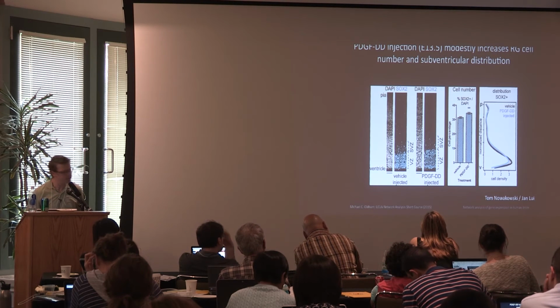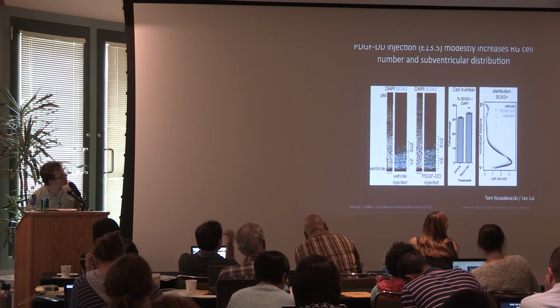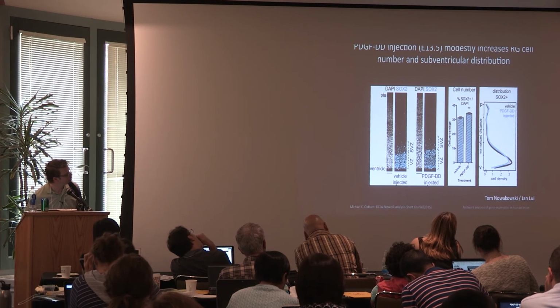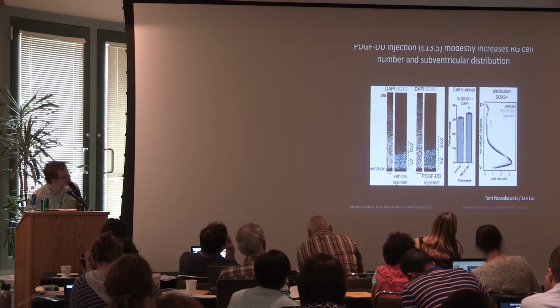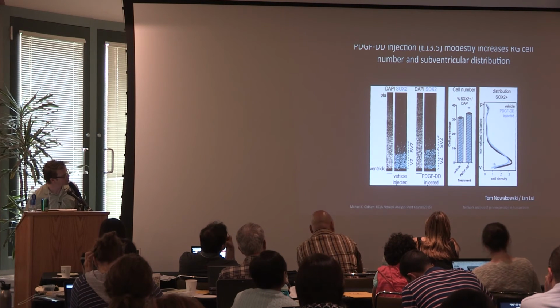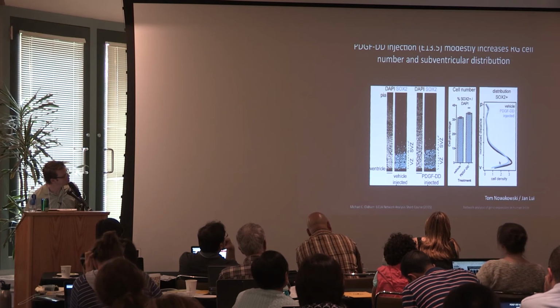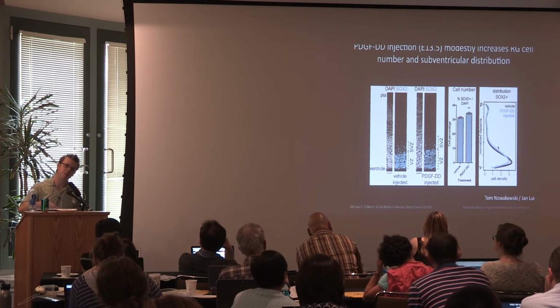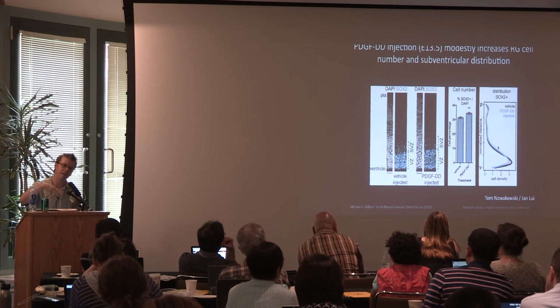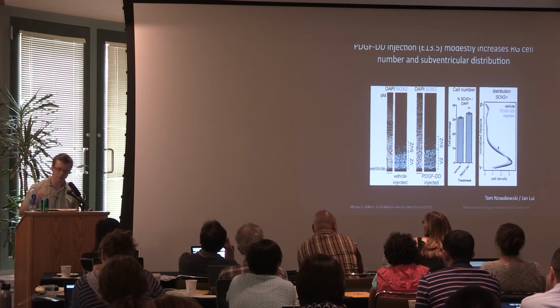We also saw this, which is kind of neat, showing the distribution of radial glia from the ventricular to the pial surface of the developing cortex, and what happens when you inject this growth factor. There's a subtle but reproducible shift away from the ventricles, which is kind of what you see in human evolution, where there's an expanded progenitor population that inhabits the outer subventricular zone away from the ventricles.